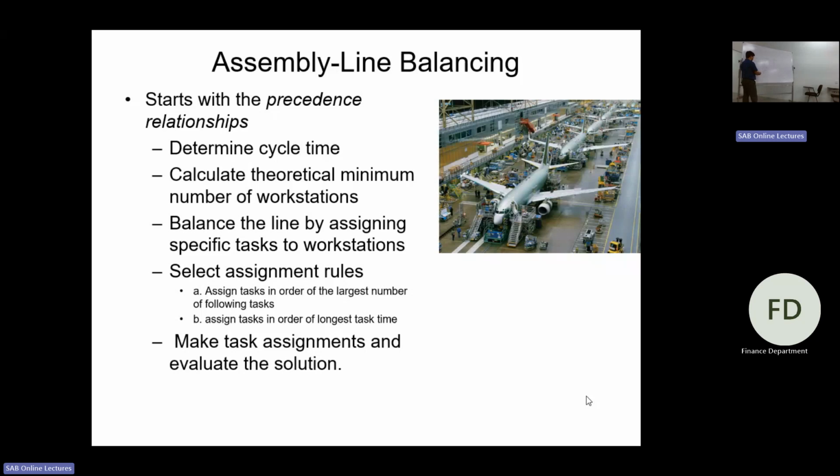So we prioritize that, and we assign F also to workstation 4. And then we have 0. To conclude, what we have done here is we assigned C, D, and F into workstation 4.